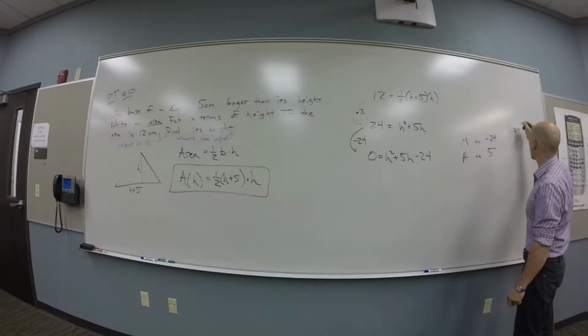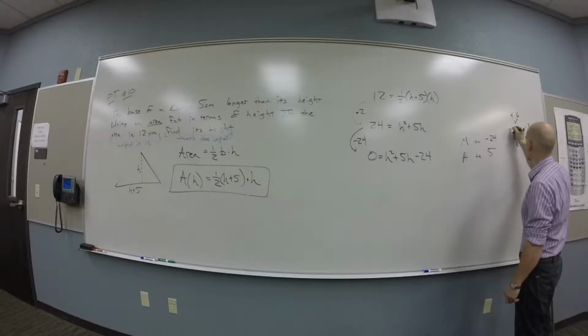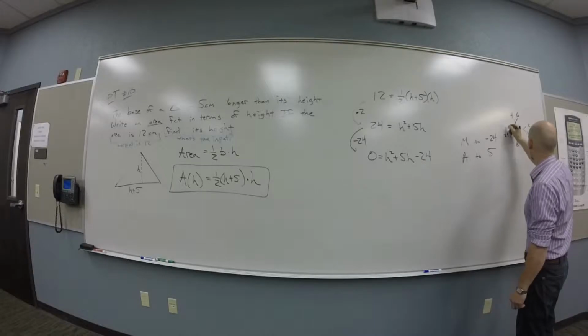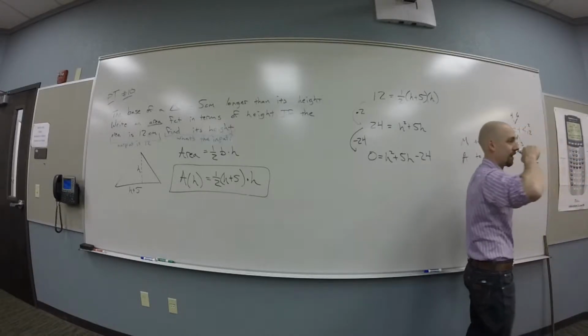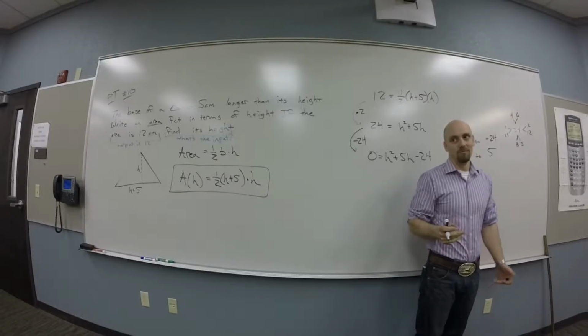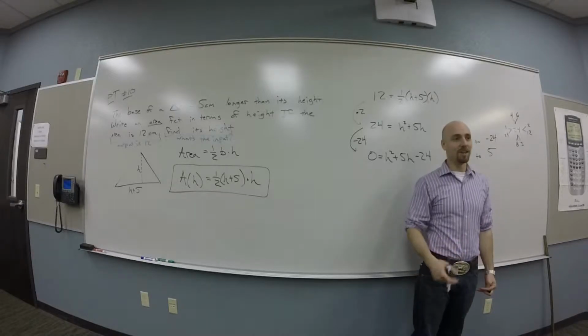So if we thought about 24, this would be 4 times 6, or 2 times 12, or 8 times 3, or 1 and 24. Any others? I don't know, maybe they're not occurring to me right now, but at least I've got these.